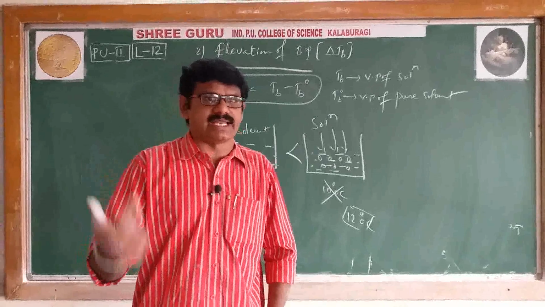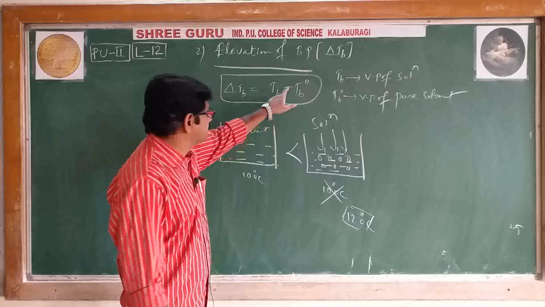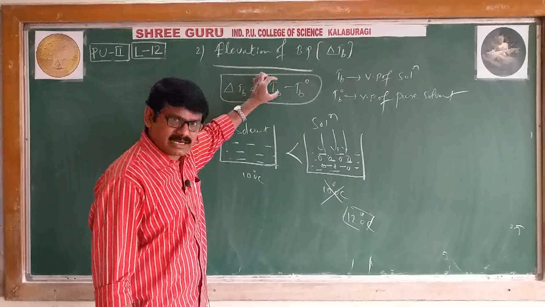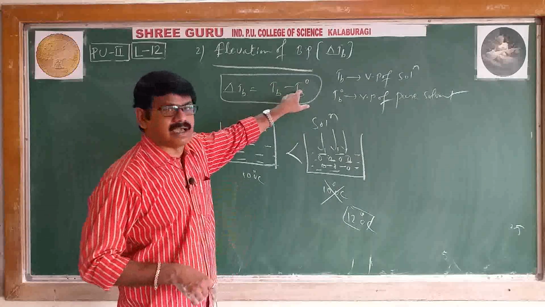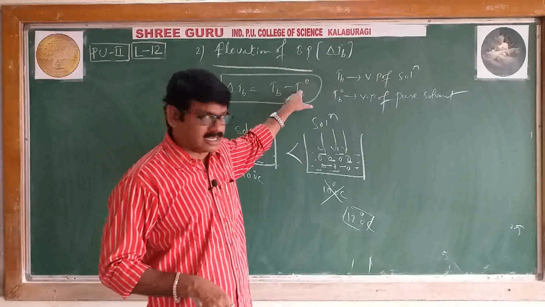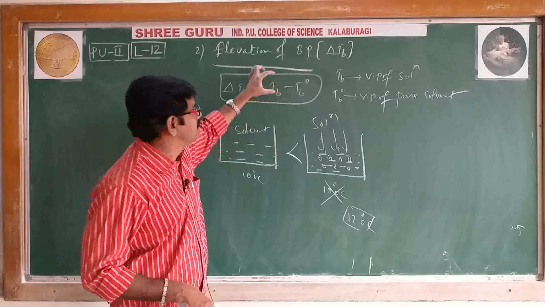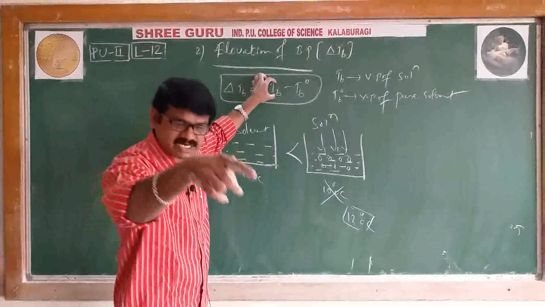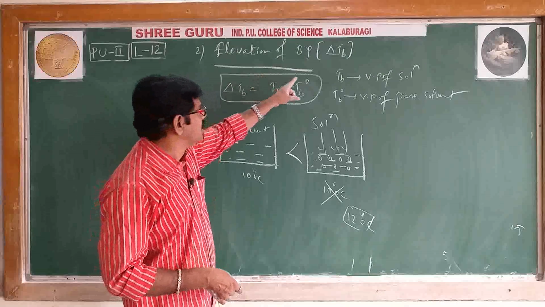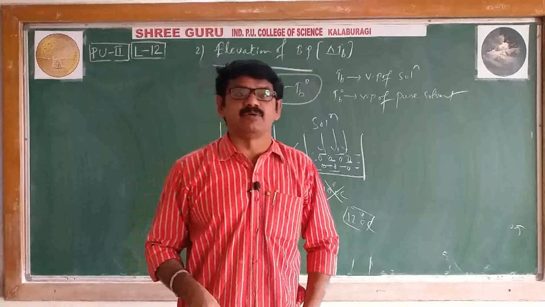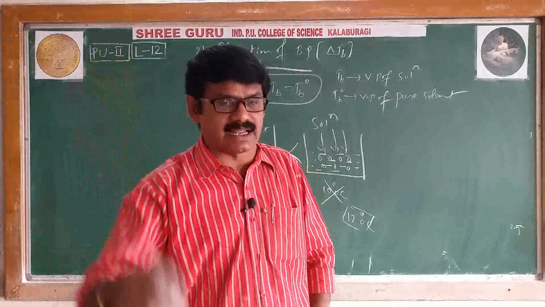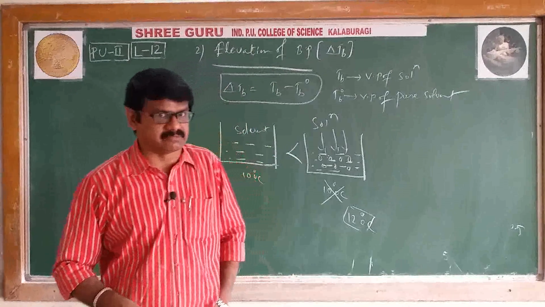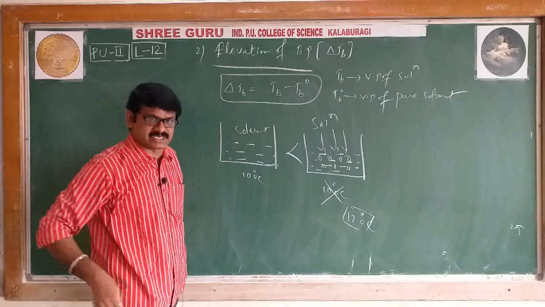Now, how to define elevation in boiling point? It means the difference between the boiling point of solution and the boiling point of solvent. I'll repeat: the difference between the boiling point of a solution which contains non-volatile solute and the boiling point of the pure solvent is called the elevation in the boiling point. This is our definition.